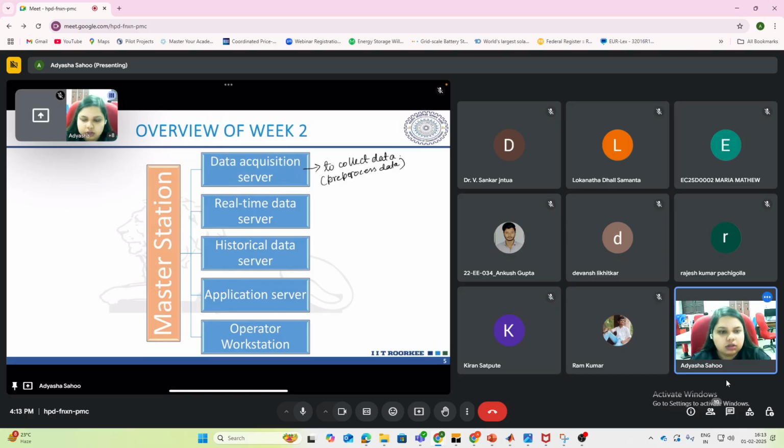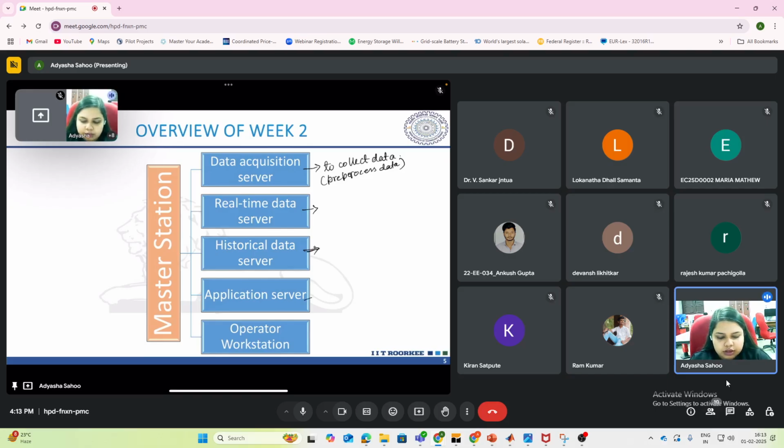So processing and preparing the data is done at the data acquisition server. And after that, you have the real-time data server, which is collecting all the data in real time from the field. Then the historical data server is basically the data from the previous time intervals, which was recorded and stored here.